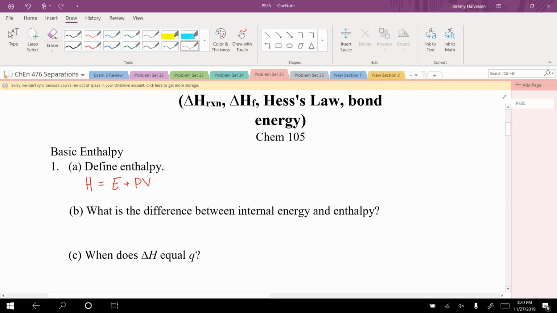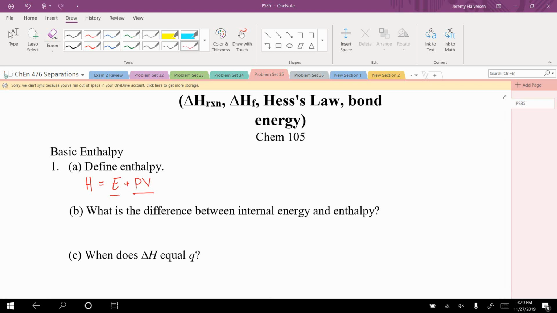PV, which basically means it's the internal energy of the system as well as the energy that's required for that system to maintain its shape in space. So when a system expands, it performs work, and it pushes its surroundings away from it.